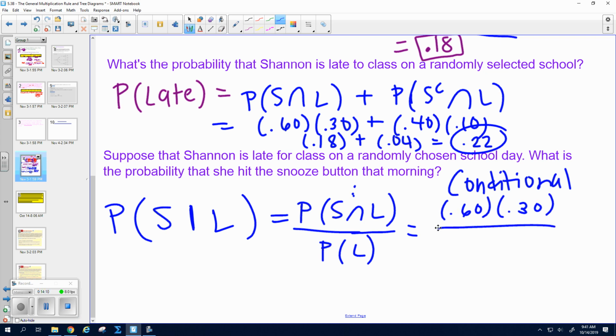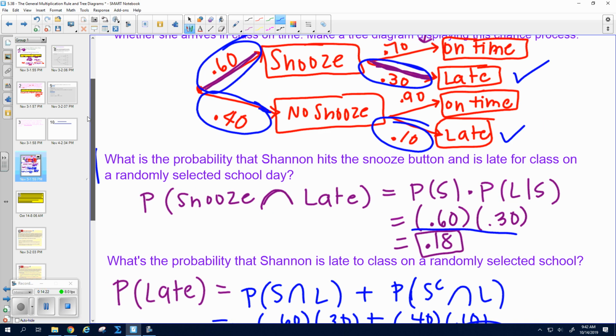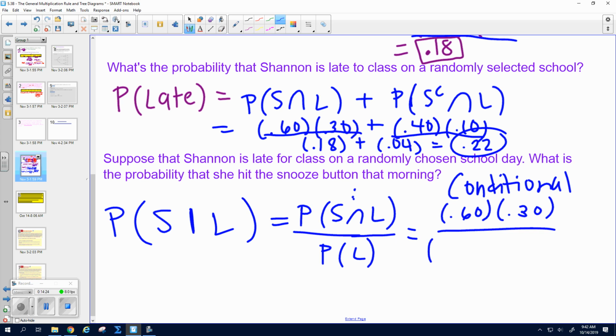In the bottom is all of the ways that you can be late. That means this times this plus this times this. We did just do that, all right? All of the pathways to late. So she can hit snooze and be late, or she can not hit snooze but still be late.